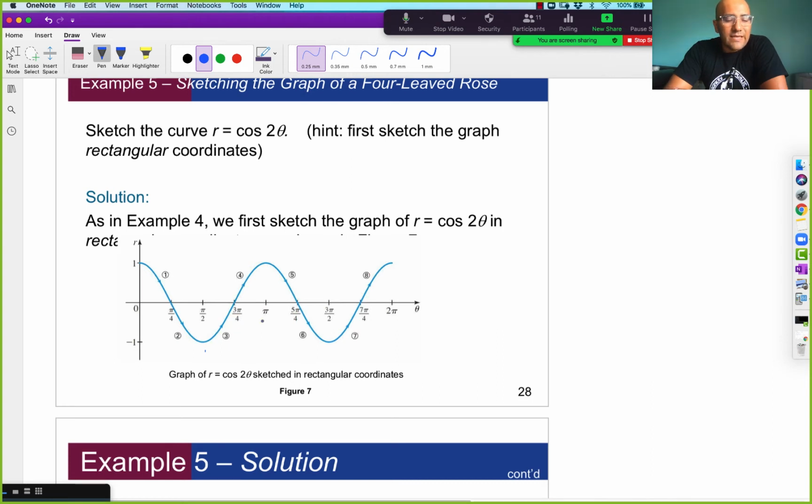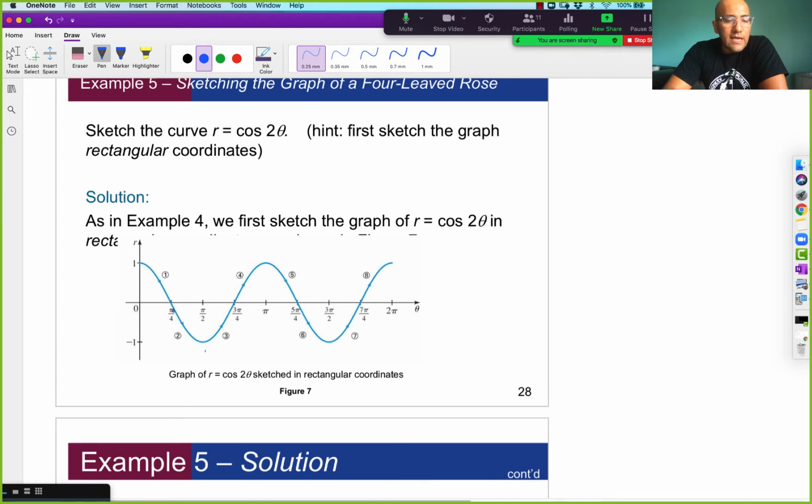We can also turn it into decimals. It might make more sense that way. Since it's 4 equal parts, this is 1/4 of a pi, half a pi, 3/4 of a pi, or 0.75 pi. This is 1 1/4 pi, 1.25, 1.5 pi, 1.75 pi, and then 2 pi. Then we can break it up into little regions.